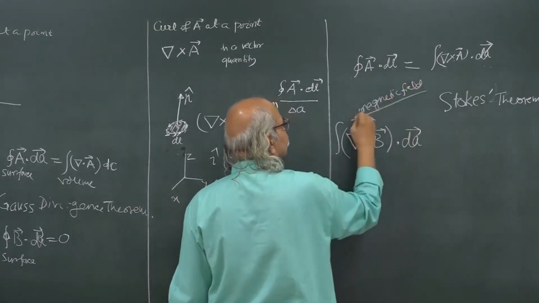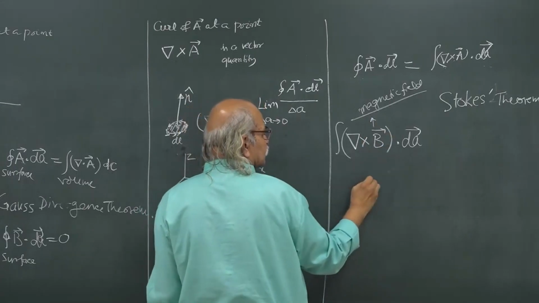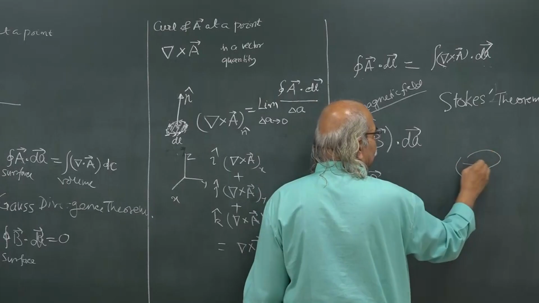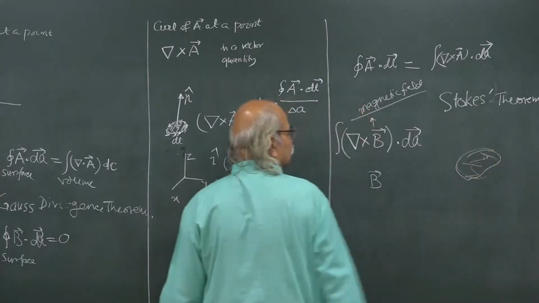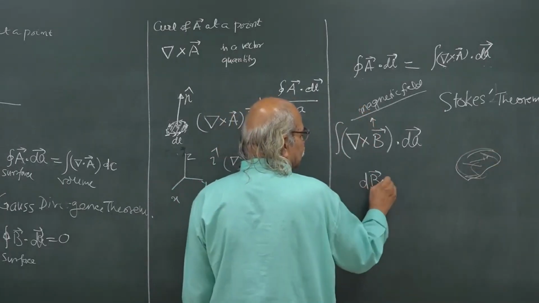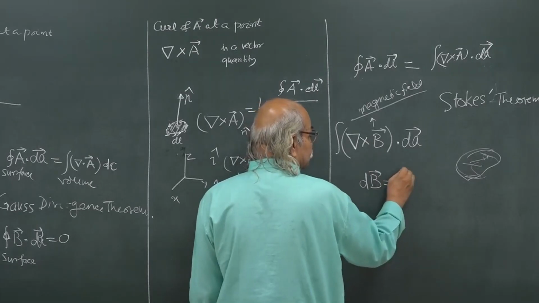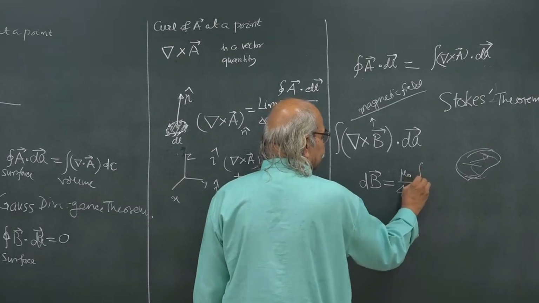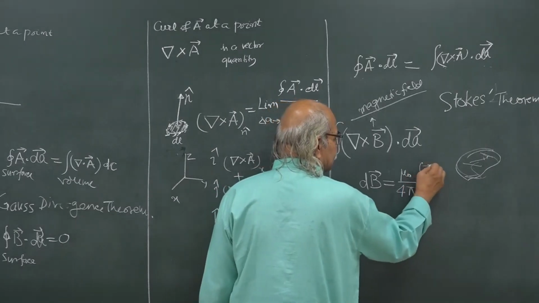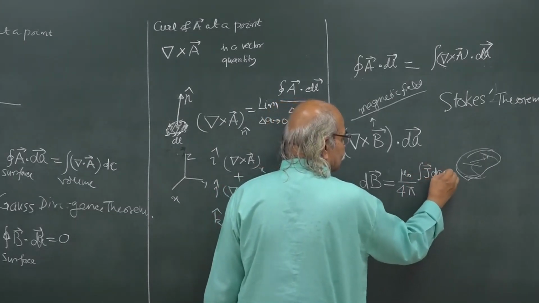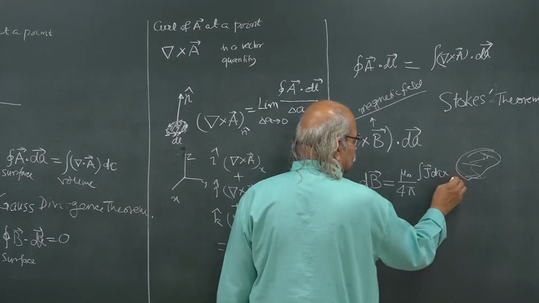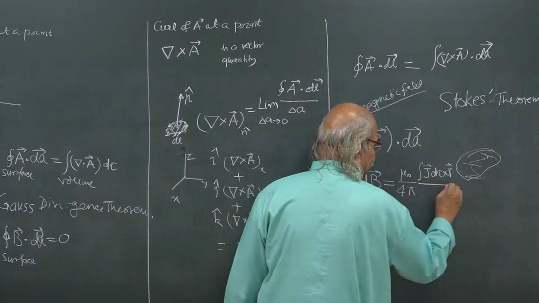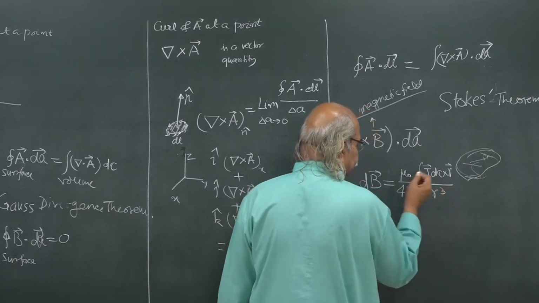And to calculate this B, what is this B now? You have a current distribution, you have some current distribution in the space, and then you know this dB from Biot-Savart law is mu naught divided by 4 pi, and then integration J d tau, that is the current element, and then cross r vector, and that divided by r cube.